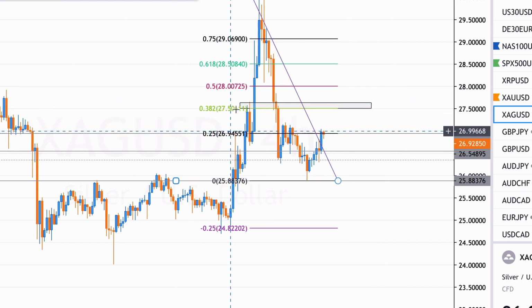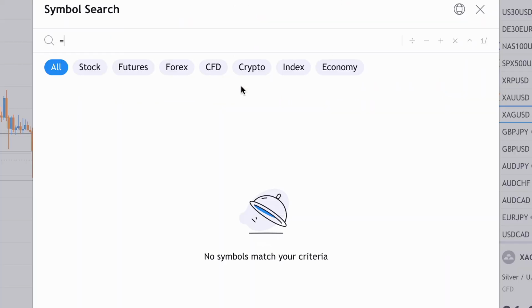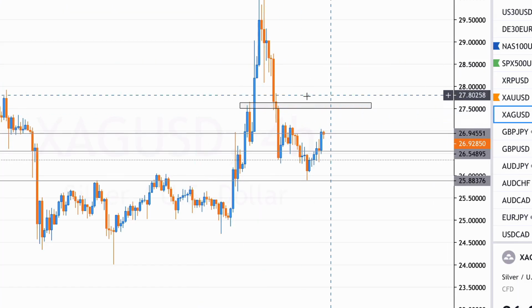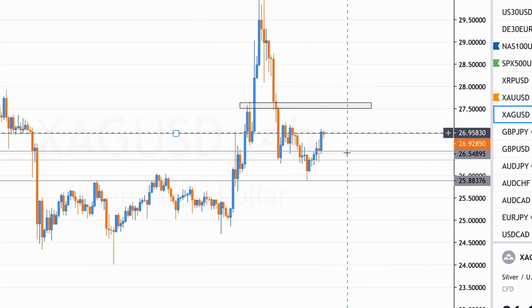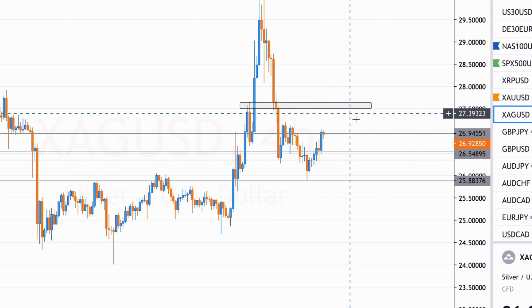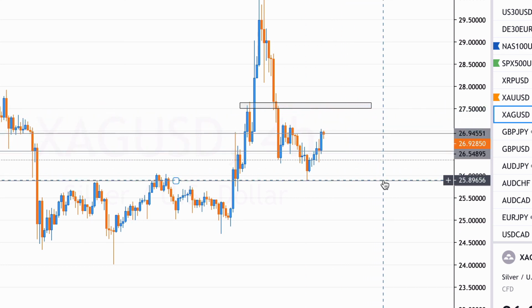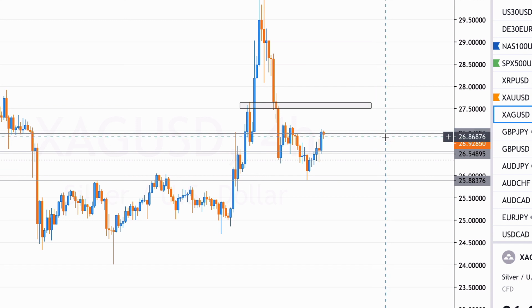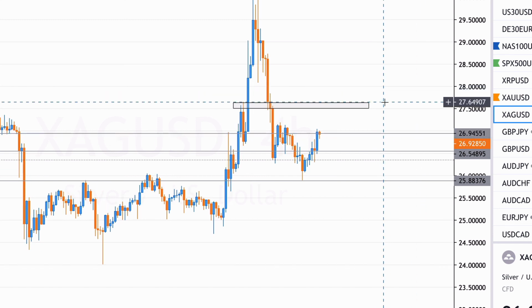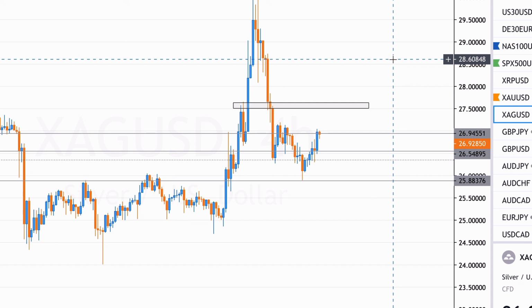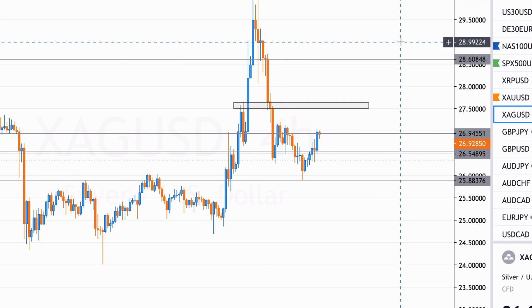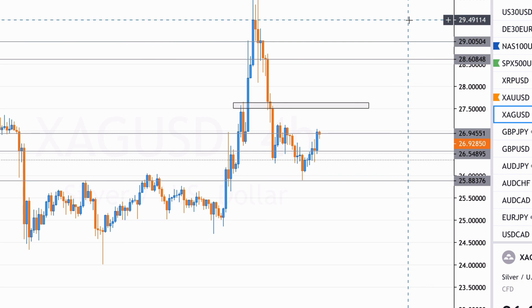So now remove this noise. Here's your key area right here. If it rejects, sell it back down. Here's your targets. If it breaks out, your targets are simple. Just go for previous levels.